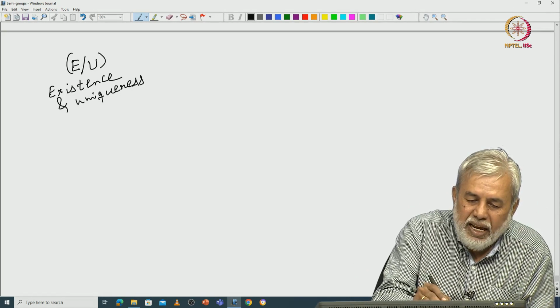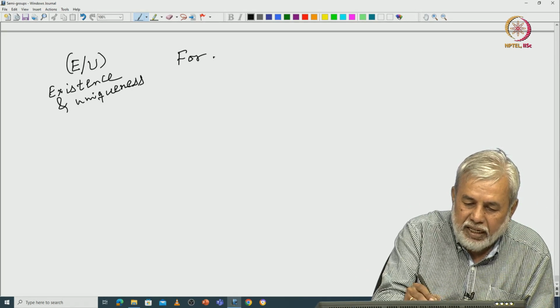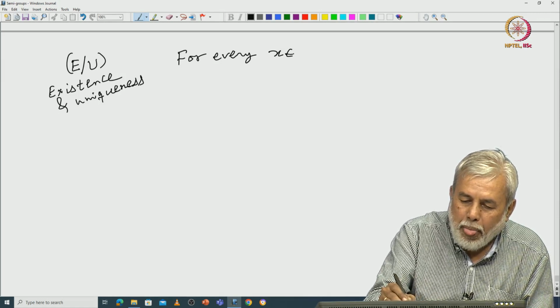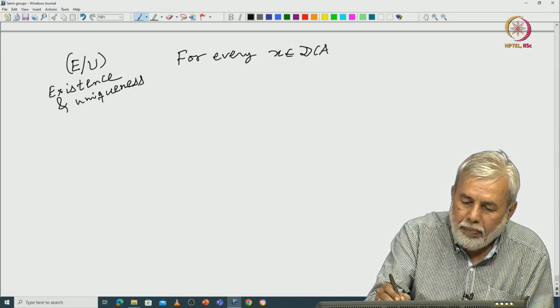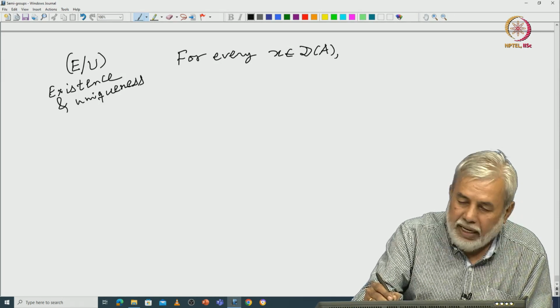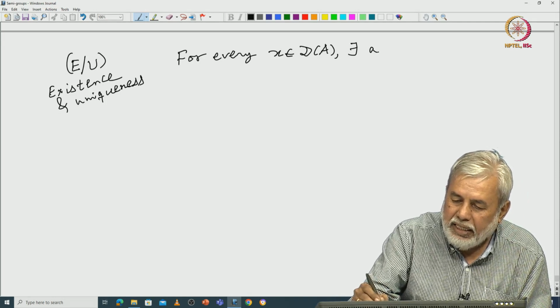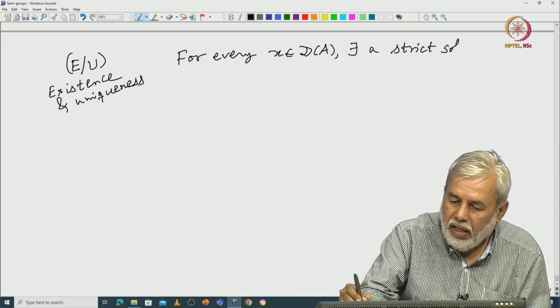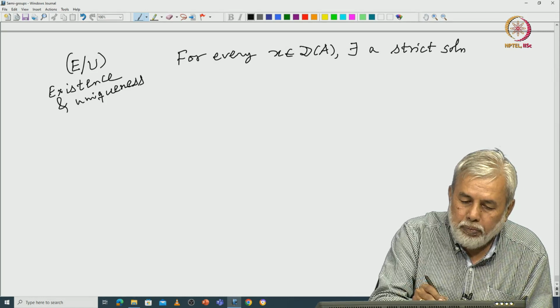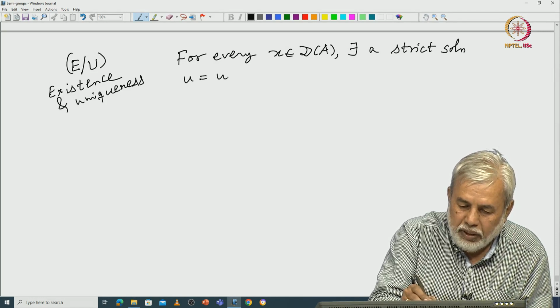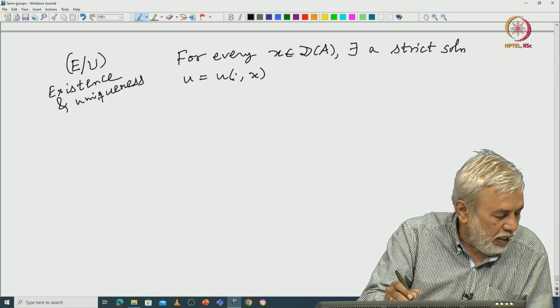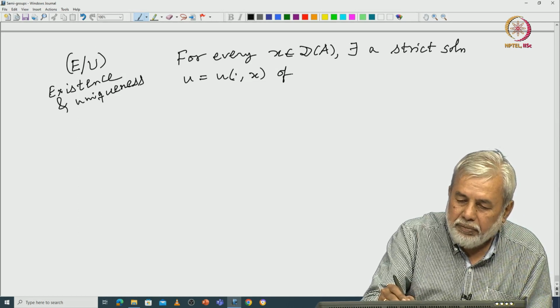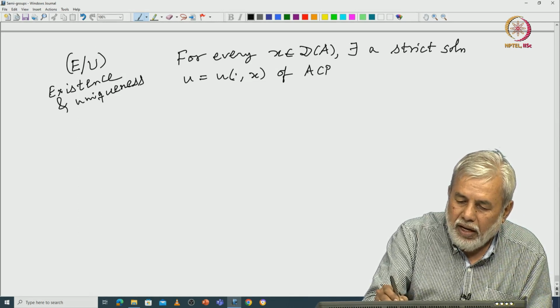This is what I was just telling: for every x in D(A) there exists a strict solution u, of course this u depends on x, of the ACP and is unique.